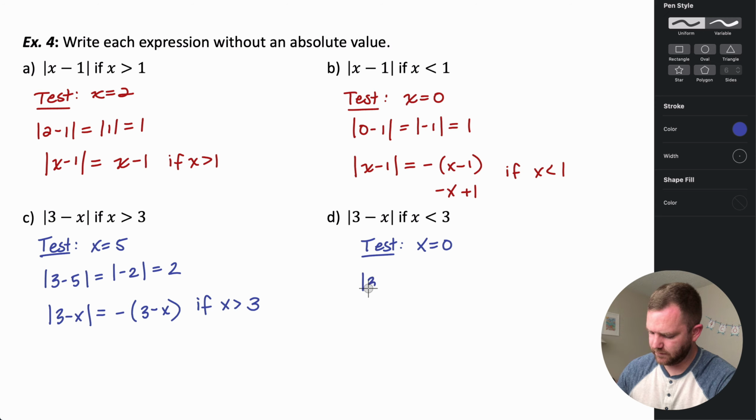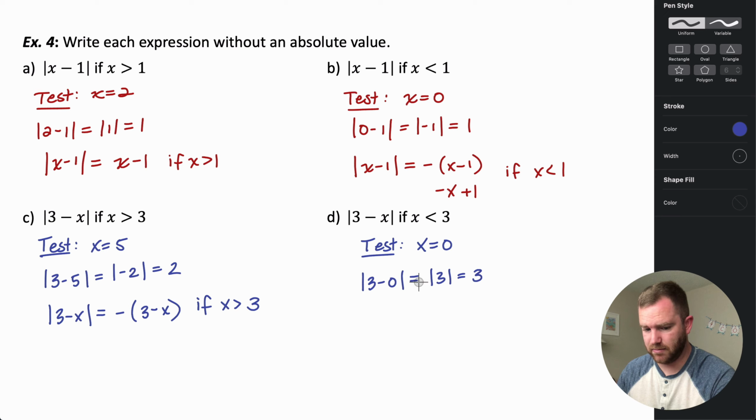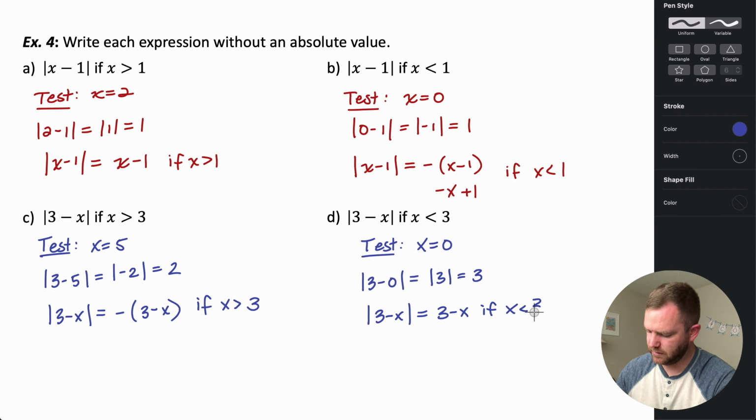The absolute value of 3 minus 0 is equal to the absolute value of 3, which is just 3. So I ended up getting out the same thing as my simplified argument, which means the absolute value of 3 minus x is just going to be 3 minus x for x values less than 3.